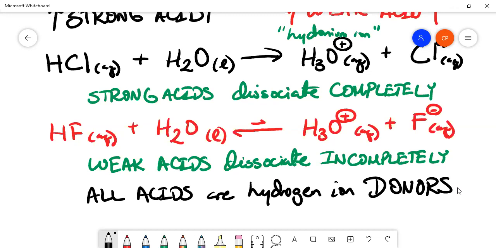We say that all acids are giving up hydrogen ions to water that's present. Okay? Are we good with acids? Got a half decent sense of what we're working with acids?